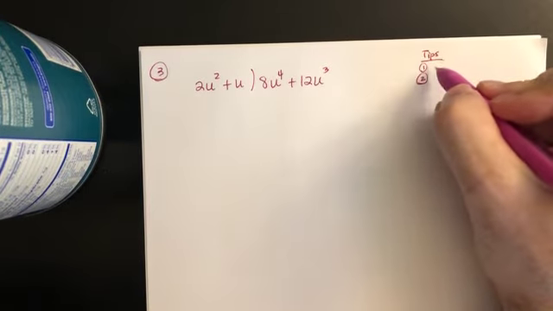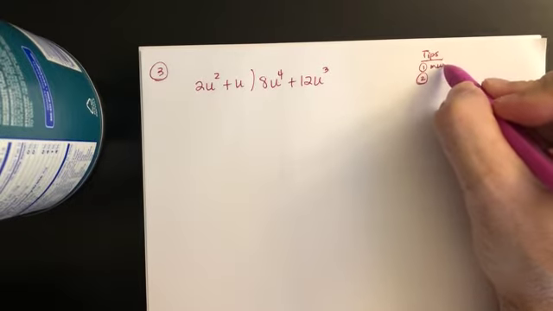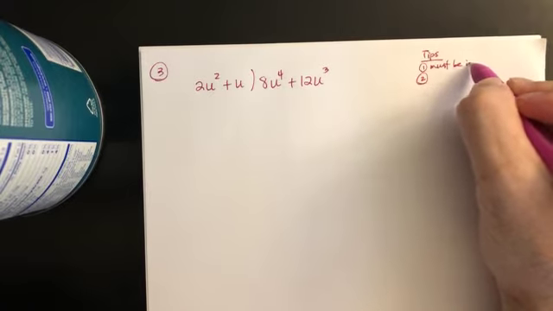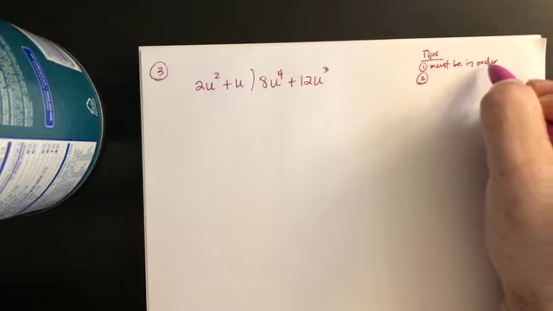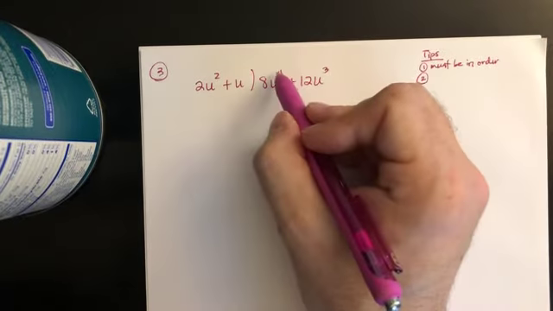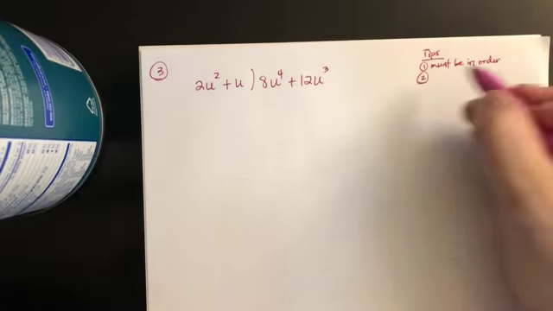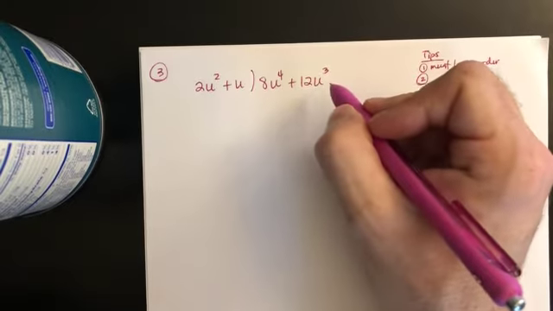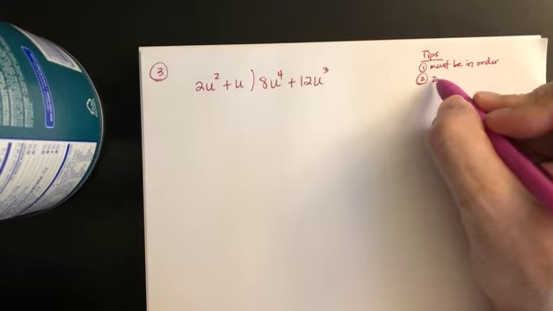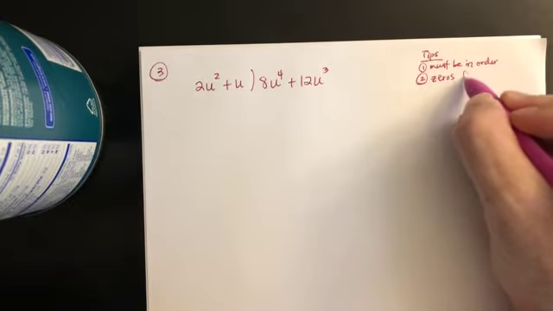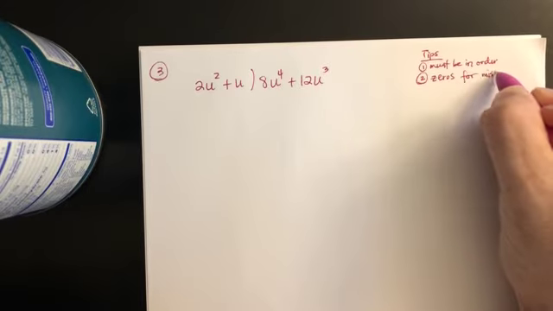It said must be in order. And what that means is that we start with the highest power, we go down. So far, so good. I haven't finished this, because there's a second tip which says zeros for missing terms.